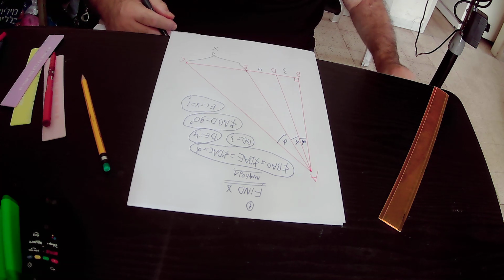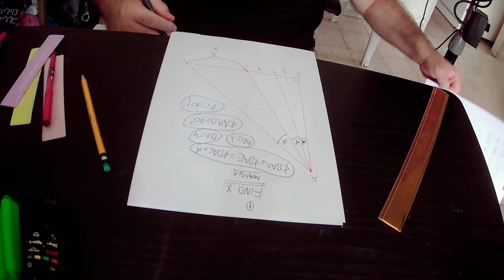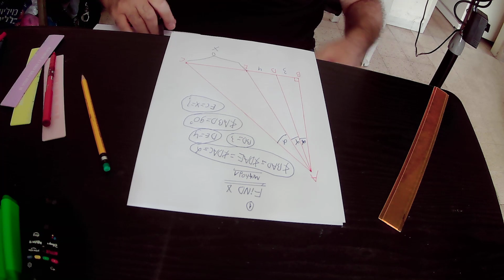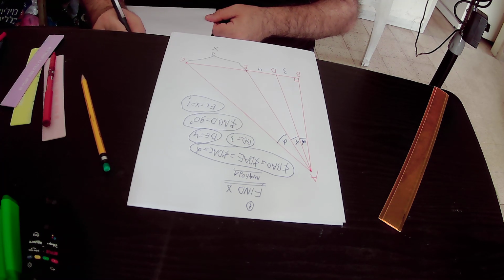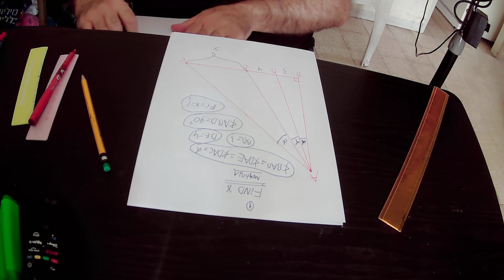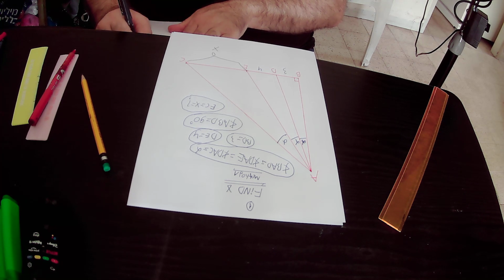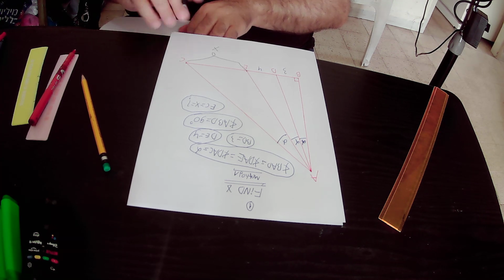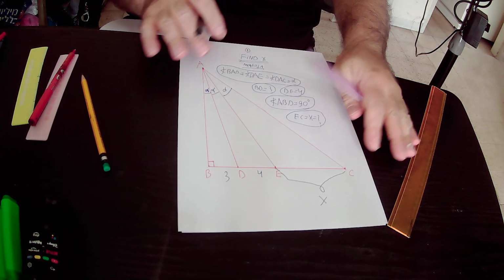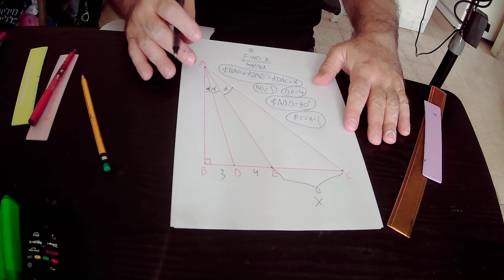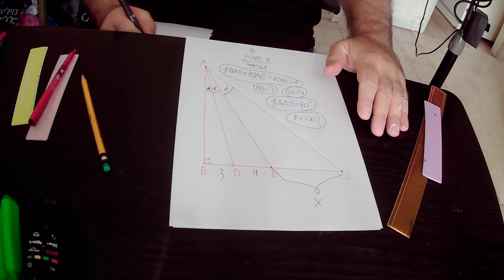So in the next step we will focus on the right triangle ABE. In the right triangle ABE, we know that AD is an angle bisector.